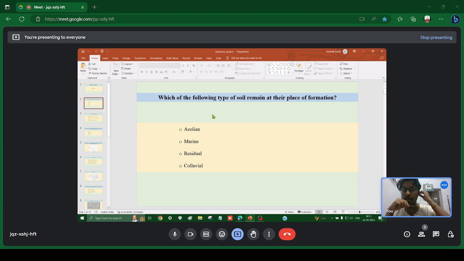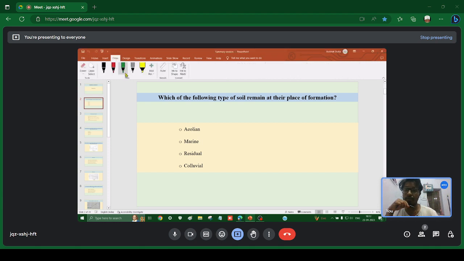The options were aeolian soil, marine soil, residual soil, and colluvial soil. As the name suggests, the answer will be residual soil because they reside, they stay at their place of formation. But we should know what the other three options mean. What is the meaning of aeolian soil? What is the meaning of marine soil? What is the meaning of colluvial soil? Aeolian soils are those transported by the wind.